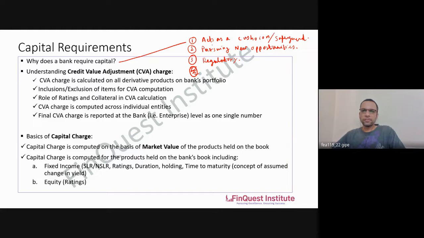Third is regulatory. Every bank needs to satisfy regulatory requirements. The regulator expects banks to park a certain amount of money, which we call the capital charge or capital requirements. The idea of the regulator is basically to tell banks that you should be well capitalized in such a way that even if there is a system stress, you should not come running to us for rescue all the time.